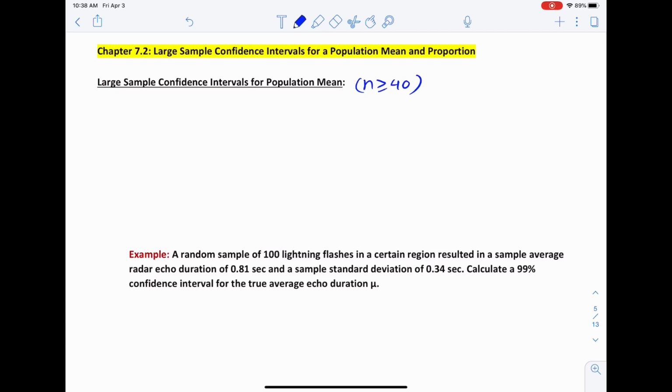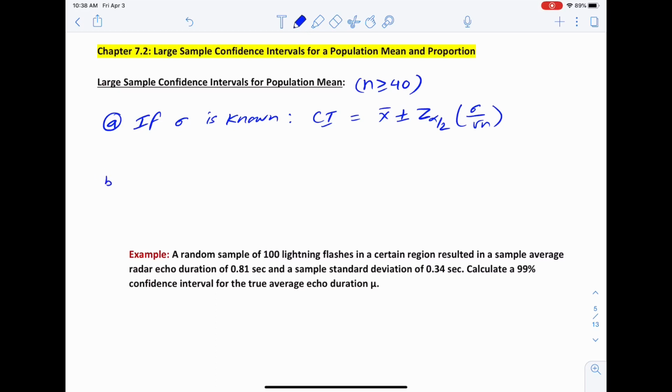There are two conditions. If our sigma is known, then for the confidence interval we use the same formula as before: x bar plus or minus z alpha over 2 times sigma over square root of n.